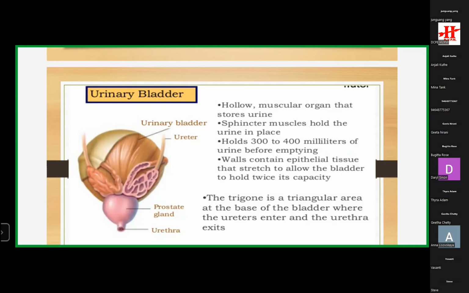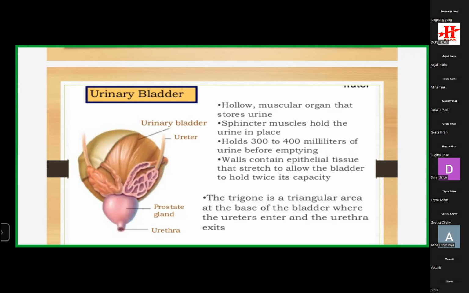It plays an important role. So the sphincter muscle holds the urine in place. It holds about 300 to 400 milliliters of urine before emptying.